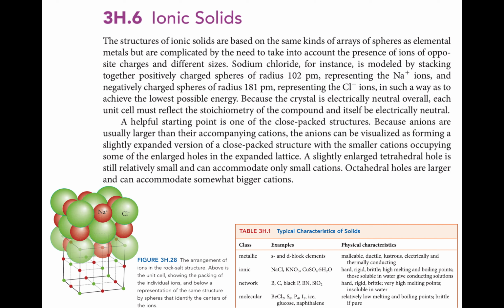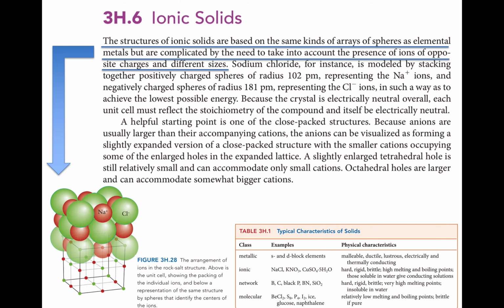So we've been looking at unit cells and how they apply for metals. Let's consider now how they would apply for ionic solids. We're going to be arranging these once again within a unit cell, but we have to account for the fact that they're not all the same size, they're not all the same charge.